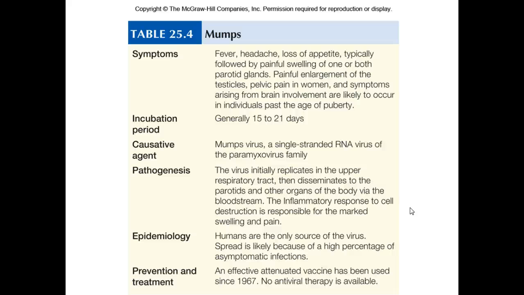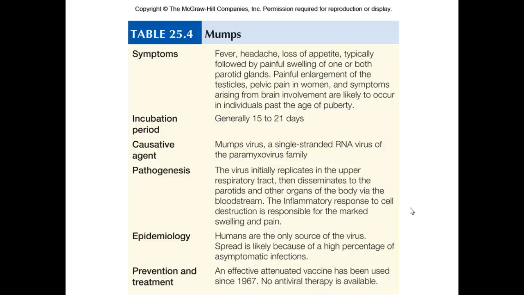Well, for some men, the virus, as I said, prefers the parotid salivary glands, but for men, it also sometimes will affect the testicles. So in this case, it affected the testicles and made her husband sterile. He could no longer produce children. That's a very strange complication that could potentially happen with the mumps, and it has been documented in the past as a reason for infertility in males.